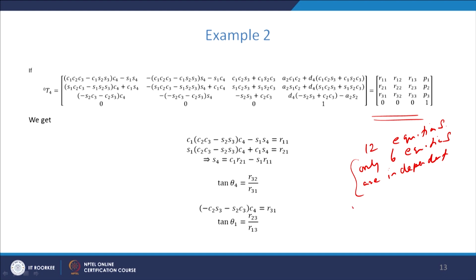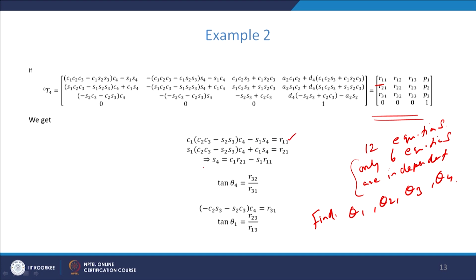We can find the parameters theta 1, theta 2, theta 3, theta 4 by just equating them. For example, R11, the first number, is equated with the first value: cos theta 1 into cos theta 2 cos theta 3 minus sin theta 2 sin theta 3, into cos theta 4, minus S1 S4, meaning sin theta 1 sin theta 4.